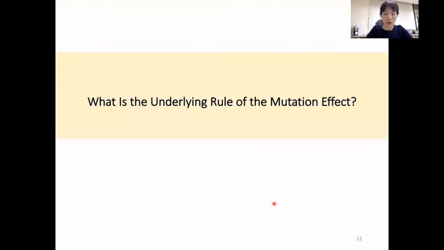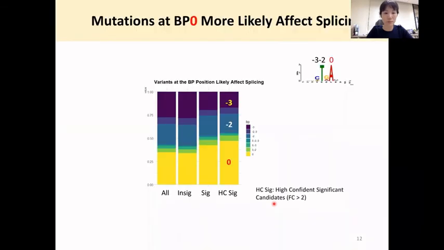So with that massively collected data, we want to see what's the underlying rule of the mutation effects, why we only have 300 mutations significantly affect splicing and not the rest. So we first see that the high confidence significant mutations are more likely to be mutations on the branch point 0 position.